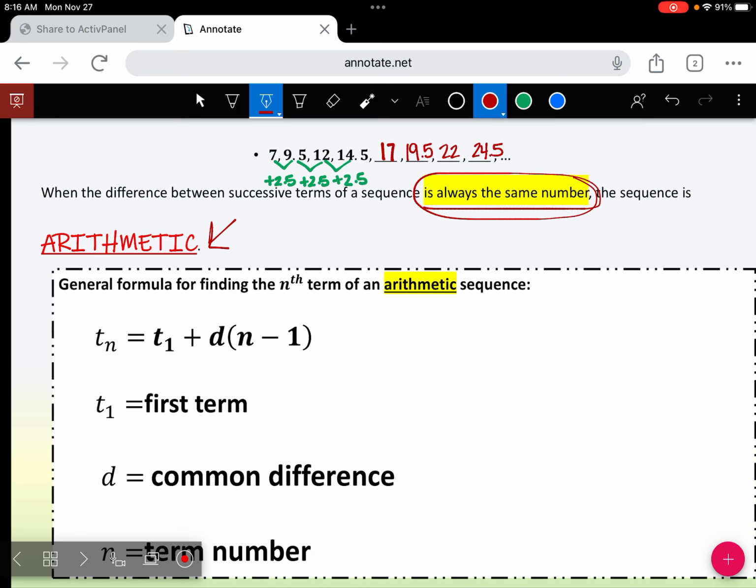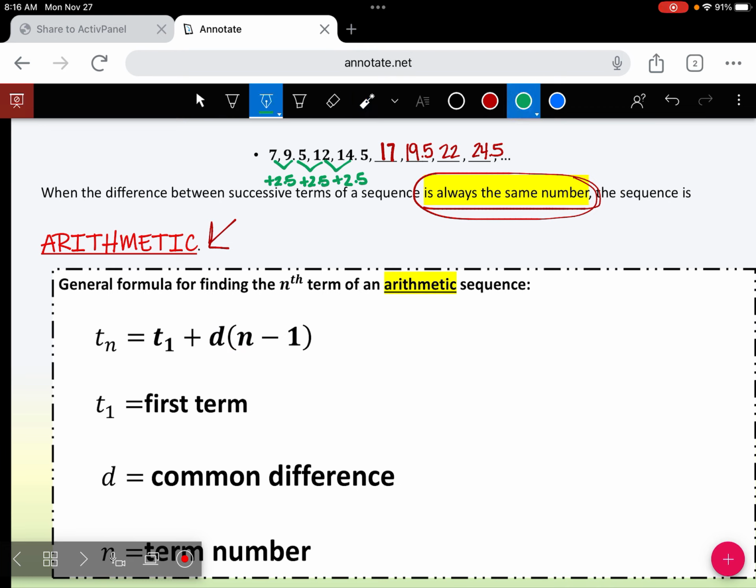So the formula for an arithmetic sequence, anytime the difference is always the same, is T sub n, which is the rule, equals the first number plus the common difference, parentheses, n minus 1.